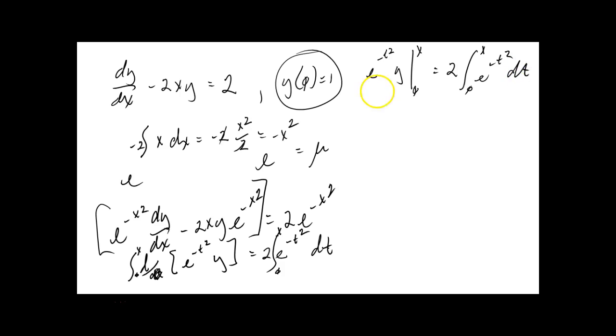When you evaluate this, that will be e to the minus x squared y minus, when you put a 0 in there, you get 1. So it's just basically minus a y. Well, okay.